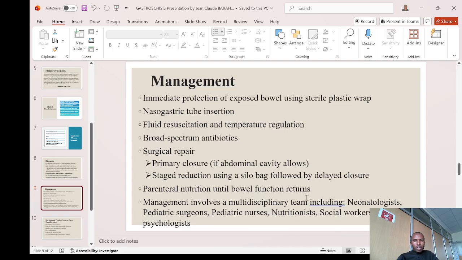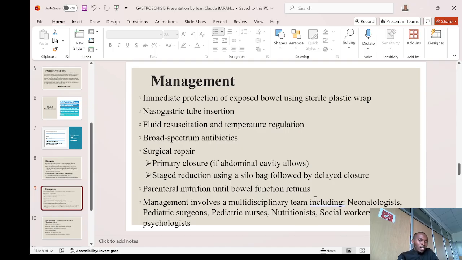Management is multidisciplinary: neonatologists should be there, pediatric surgeons, pediatric nurses, nutritionists, and social workers. They all have to work as a team so that they can save this baby with gastroschisis. Why are psychologists involved? Psychologists are also very important, because the parents are often surprised by this kind of baby.